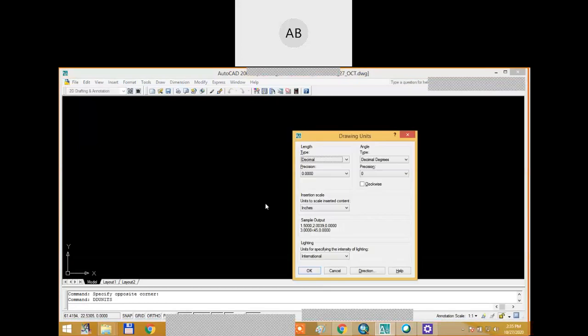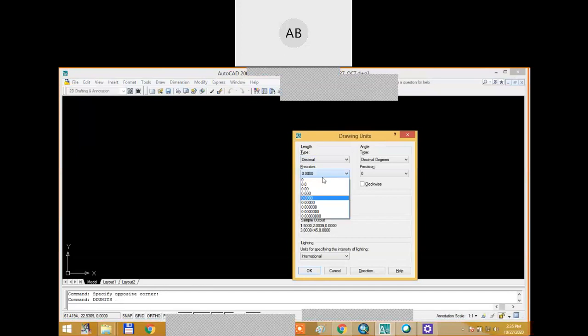First of all, I need to check what is the unit of this drawing. How will I check? In case of AutoCAD, I use the command BD units, right? There, length, decimal, precision. I don't need so much precision. So 0.0 or maybe only 0. Decimal degrees I will not touch. Okay.